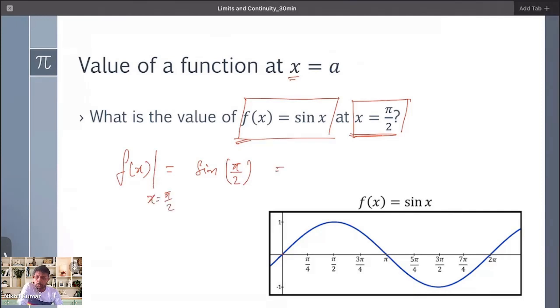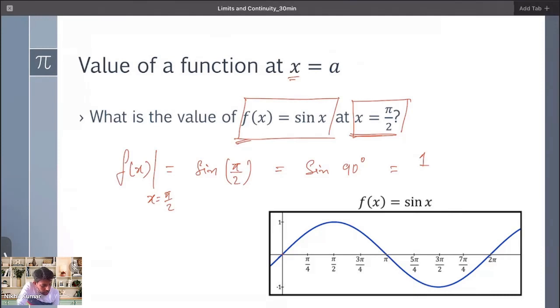What is sine pi by 2? Well, pi by 2 is the measure of an angle in radians. Sine pi by 2 can also be written as sine 90 degrees if you want to write it in degrees. Sine 90 degrees, we all know the value is 1. Even from the graph, you're able to see that.